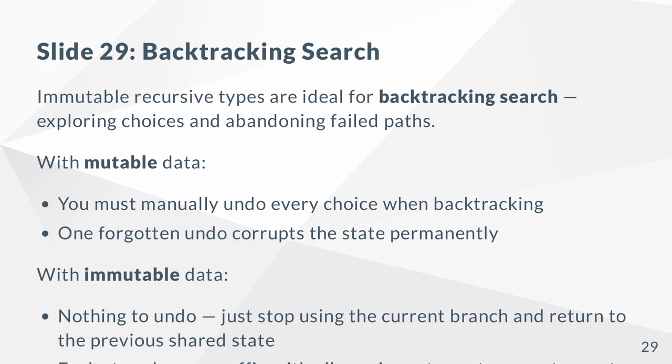One forgotten undo permanently corrupts the state. With immutable data, there is nothing to undo. Just stop using the current branch and return to the previous shared state. Each step in the search shares a suffix with all previous steps at zero extra cost. Backtracking becomes as simple as returning from a function call. The previous state is always preserved.